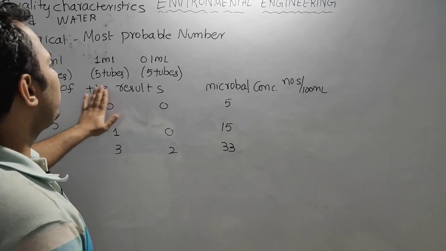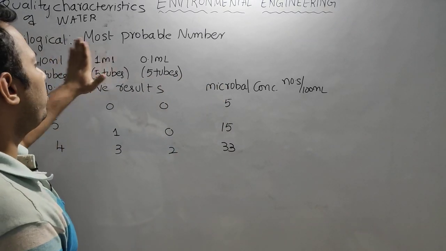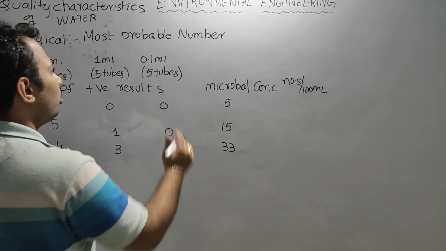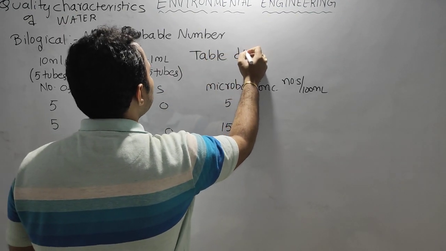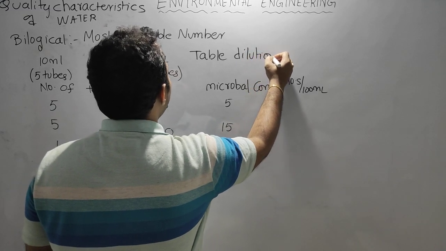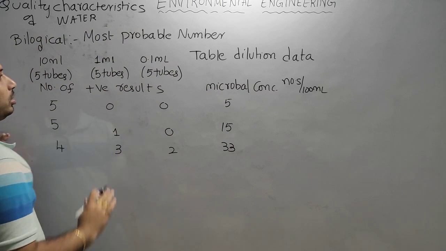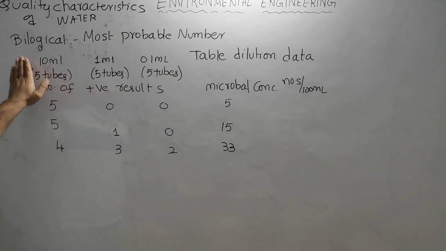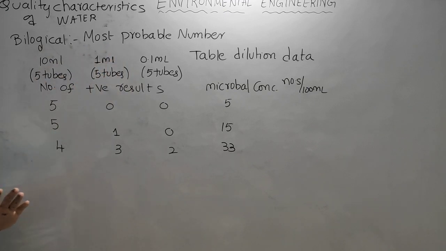This is called table dilution data. Always we keep the table dilution as 10 ml, 1 ml, 0.1 ml.